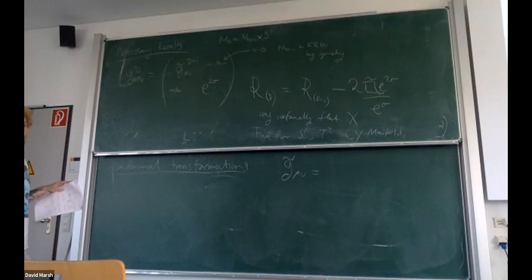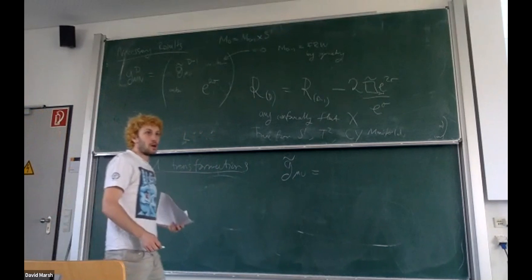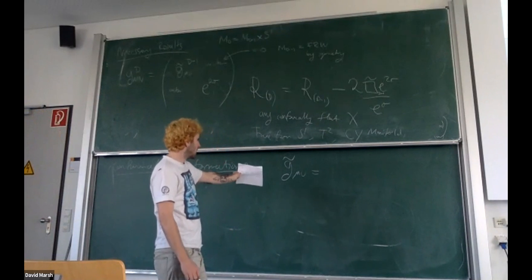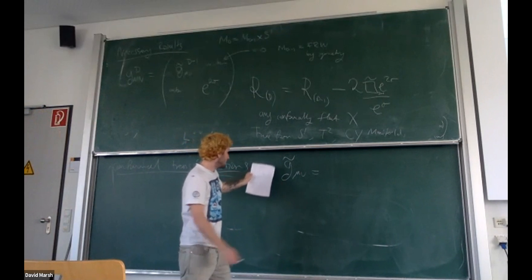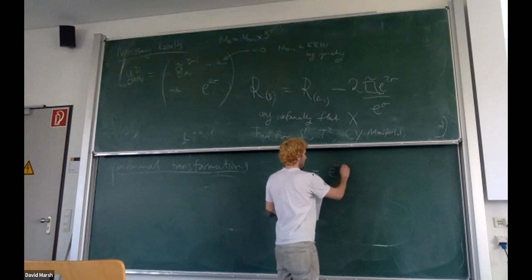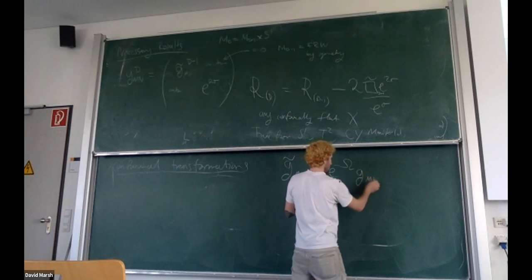In this example, it's only going to depend on T by symmetry, because I only want to get the FRW limit in the end. Okay, so a conformal transformation is the following: G twiddle mu nu is equal to e to the minus omega G mu nu.